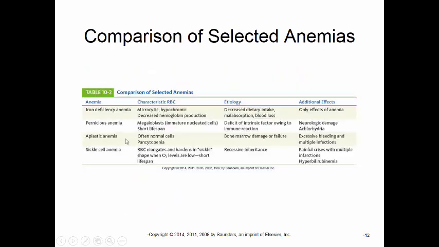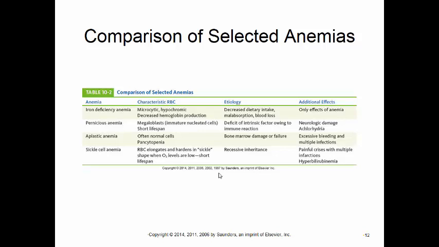Let's see. The one that I left off that would be worth talking about for just a second is the most common one, which is iron deficiency anemia. This is where we have low iron, and since we don't have the iron, we cannot make enough red blood cells. Usually it's because of dietary intake or blood loss. So we see iron deficiency anemia more in females because of the menstrual cycle, and they lose blood each month.